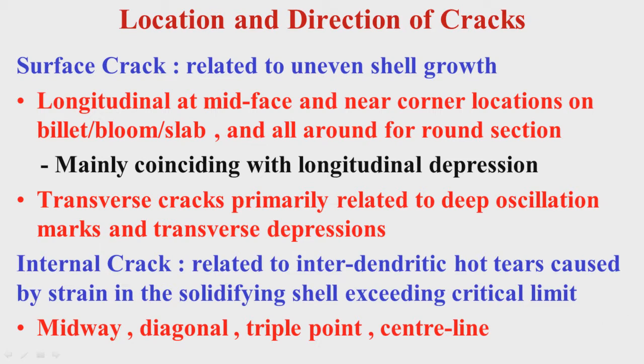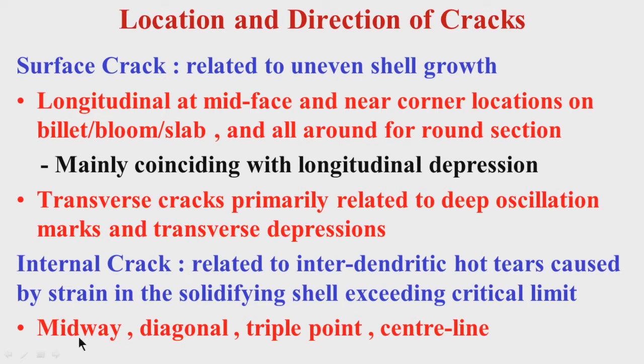Similarly, there can be internal defects, internal cracks or segregation, which you cannot see with your normal eye because it is not on the surface. It may be subsurface, at the central area, or in between the central area and the surface. It can be anywhere.